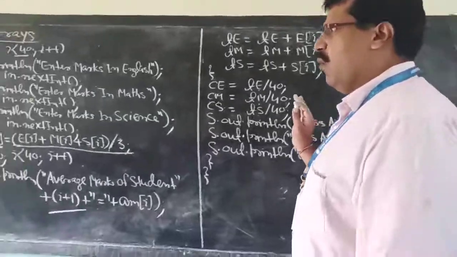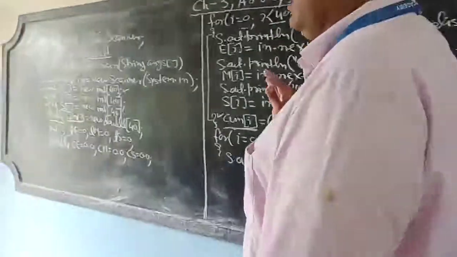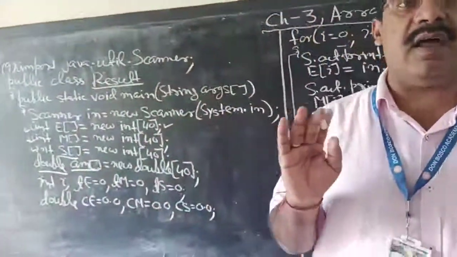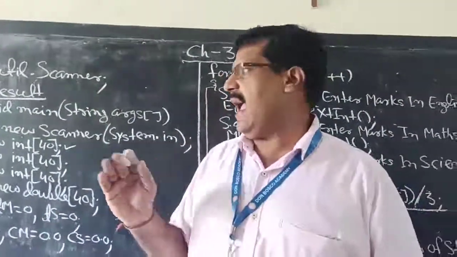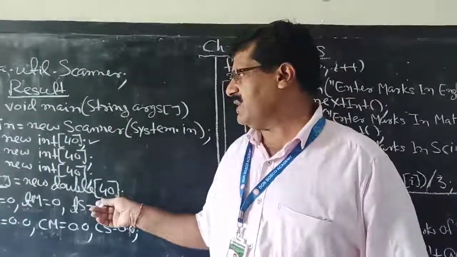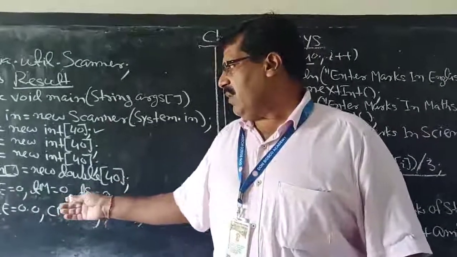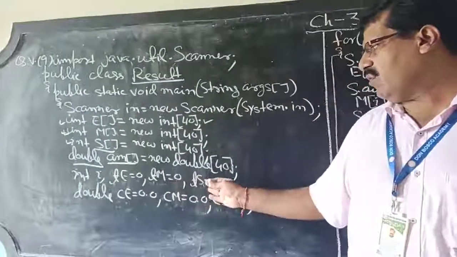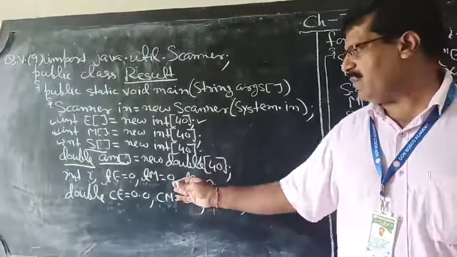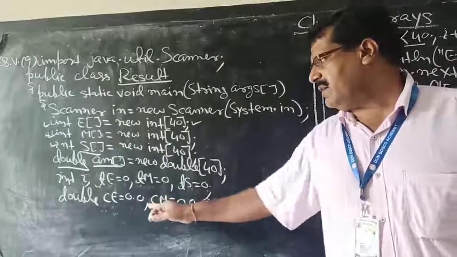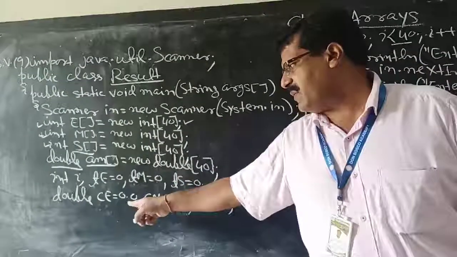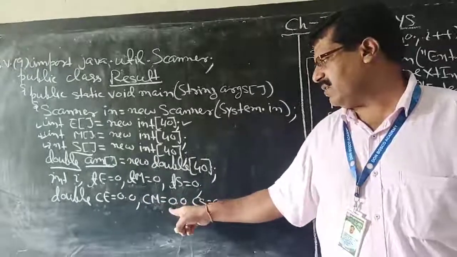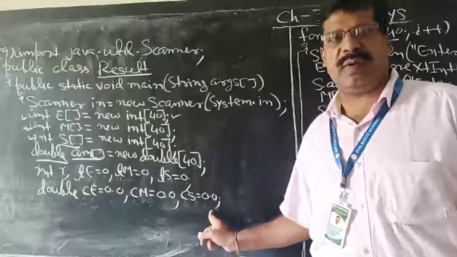So once again, what is the question? The question was to accept 3 arrays, English, math and science, and 1 average marks array of size 40, and you have declared the variables total English, total math, total science to calculate the total marks of the students. Then we have declared the class averages, class average of English equals 0.0, class average of math equals 0.0, class average of science equals 0.0.